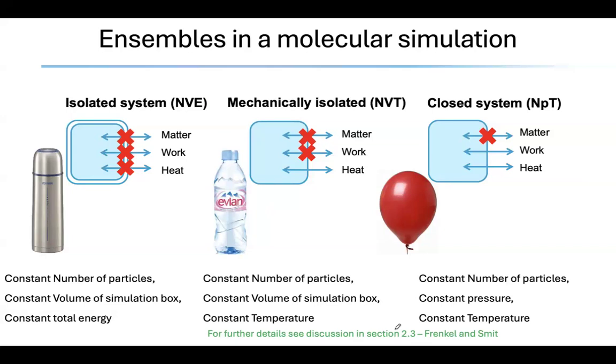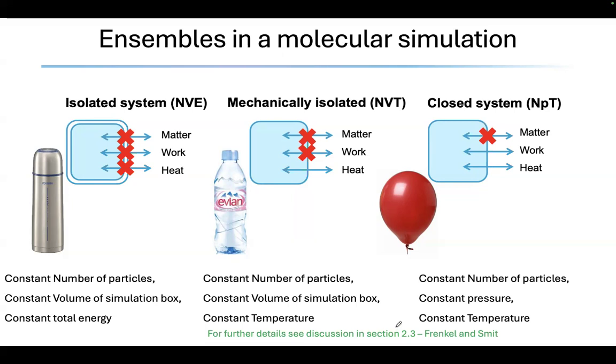Okay, another important concept in molecular simulations is to choose the right ensemble, because based on the ensemble that you choose, you can calculate certain properties. Now, let us start with the simple example of an isolated system, where you have an NVE ensemble, called the microcanonical ensemble.